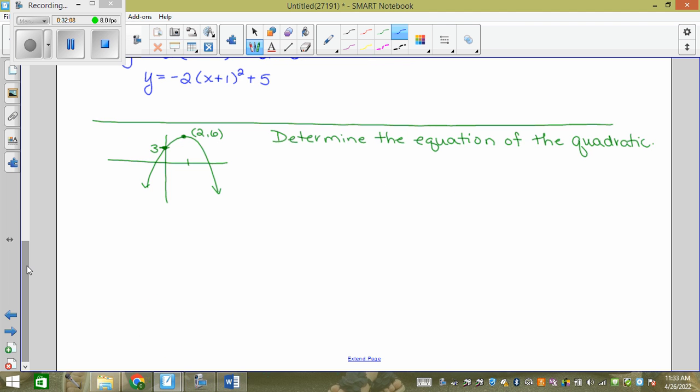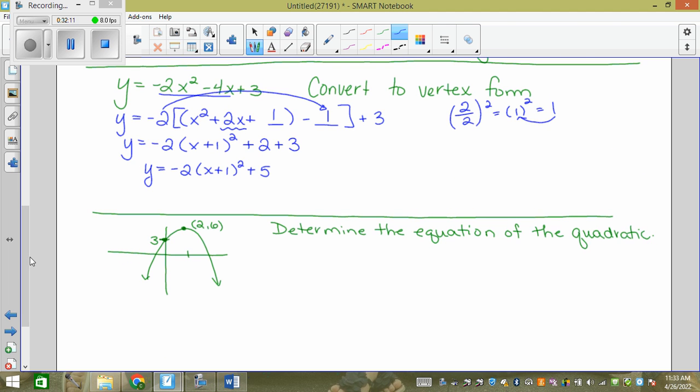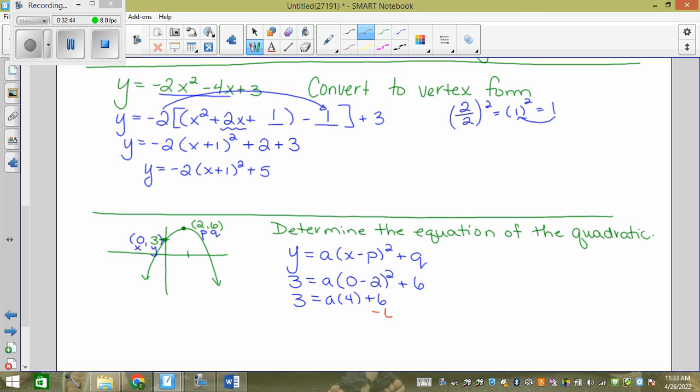The bottom one, you're going to label this P and Q. And then this is 0, 3 is my coordinate, x and y. And then I always, even if I ask for it in standard form, fill it into a, x minus p squared plus q. So I'm going to get y, which is 3, equals a, x is 0 minus 2 squared plus 6. 3 equals negative 2 squared is a times 4 plus 6. Then I have to subtract my 6.